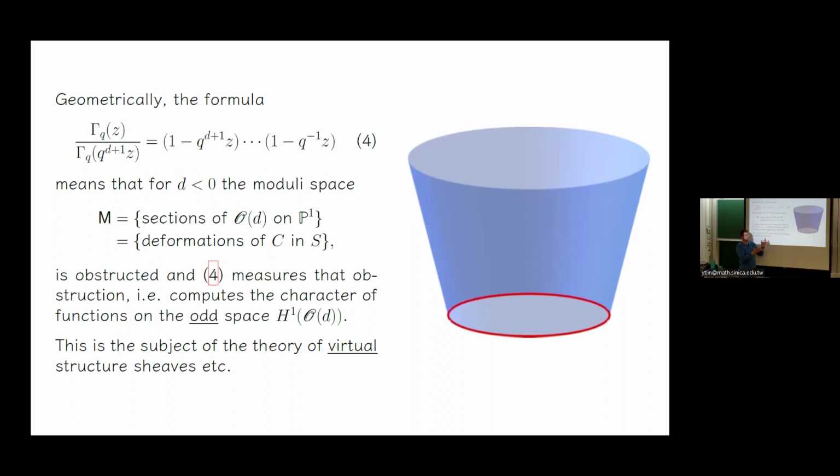There's some vector space, namely this H1, that prevents the curve from being able to deform, and this type of product exactly measures how much. The smaller the d, the more and more obstructed this is, and so you get more and more terms for more and more obstructions. Anyway, with the bucket analogy, I tried to explain the rudiments of the theory of virtual structure sheaves.